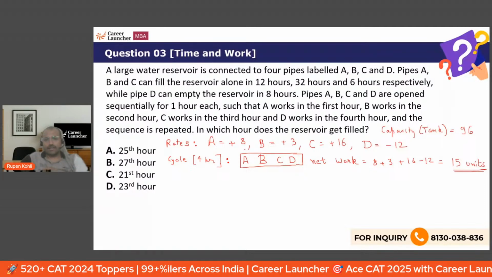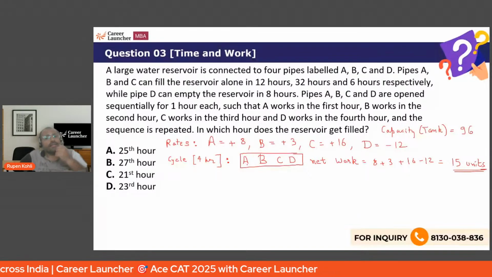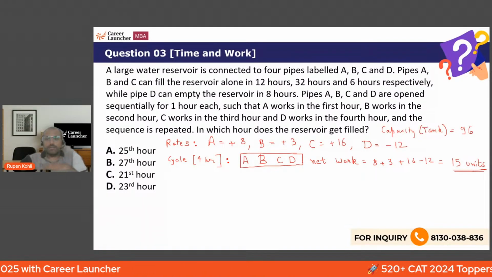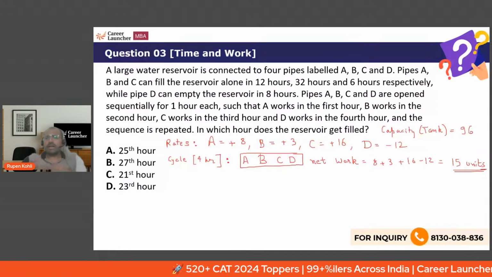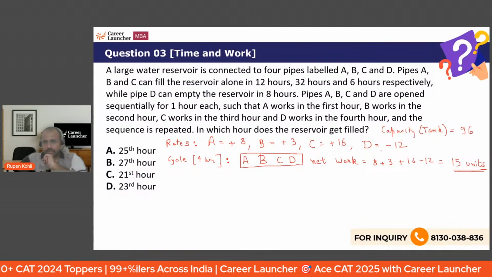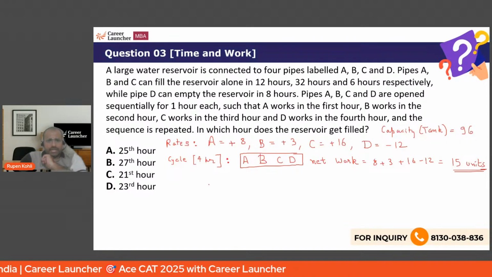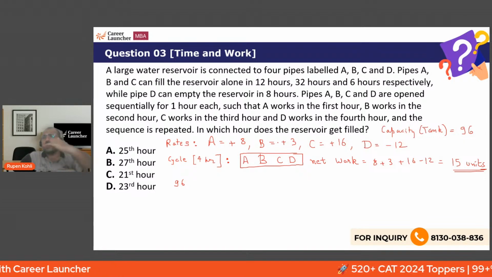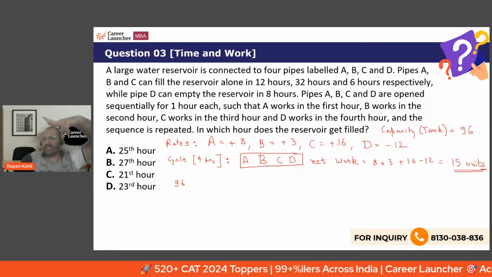But the mistake is that there might have been an earlier cycle when, at the end of that cycle, whatever work was done, the up cycle, which means 8 plus 3 plus 16 units can be done, maybe the tank gets filled at an earlier stage. Try to follow what I'm saying. We need to reach 96 units. Just imagine the maximum work done in the upward part of the cycle: 8 plus 3 is 11, plus 16, 27.